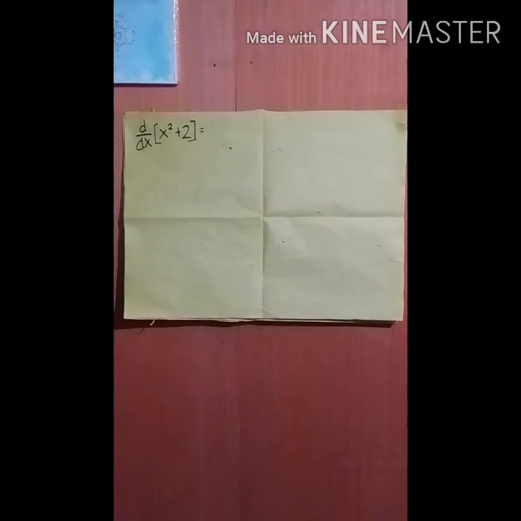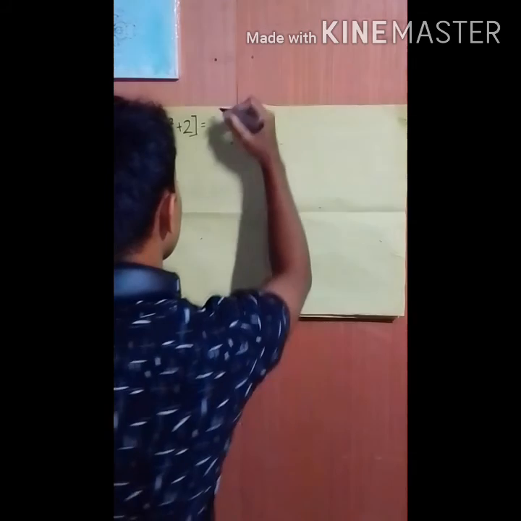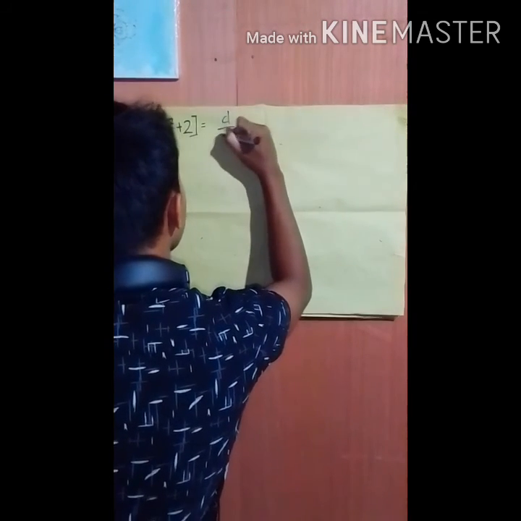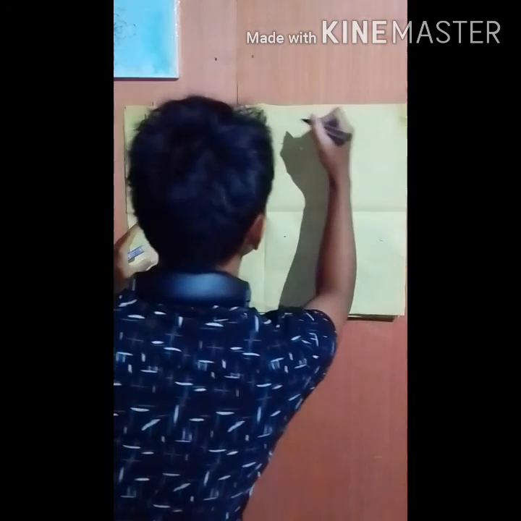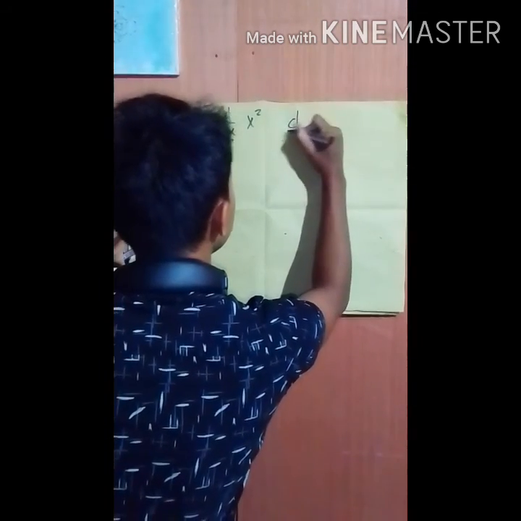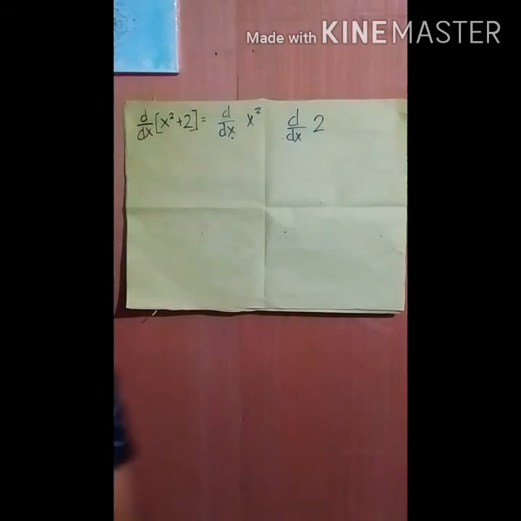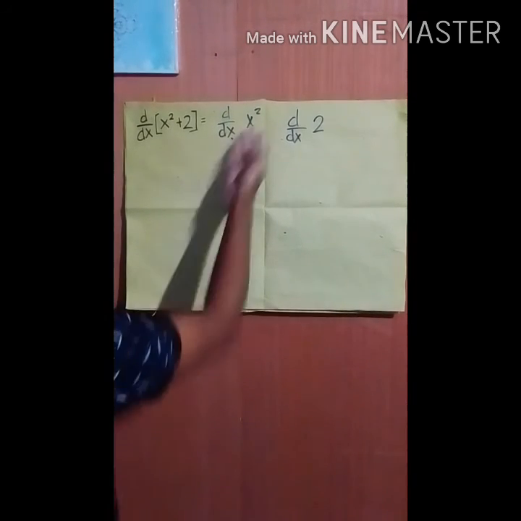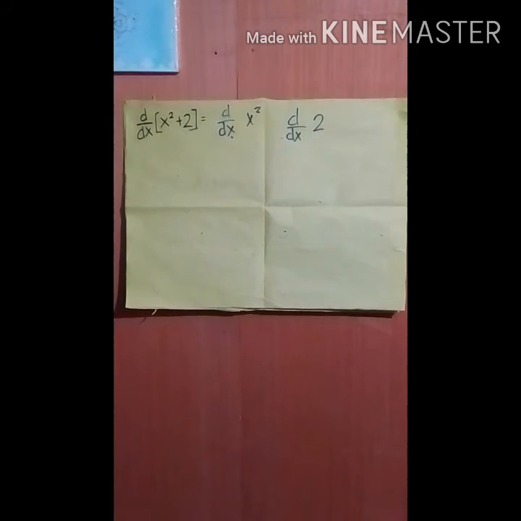So, how about this? The derivative of x squared plus 2. First, you can get the derivative of each term. The derivative of x squared and the derivative of 2, with the power rule and the derivative of a constant.